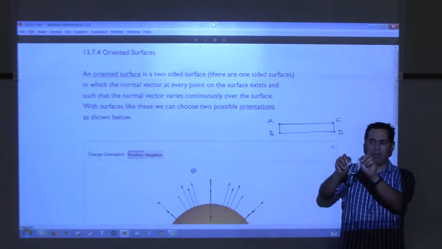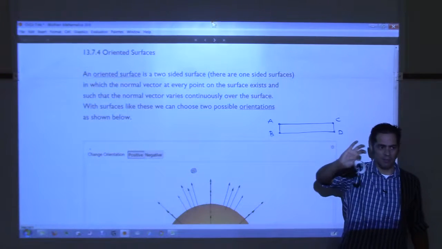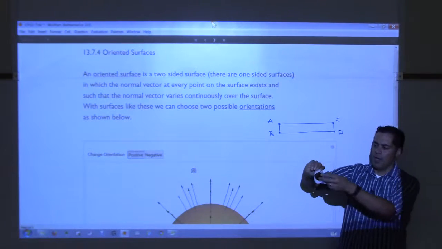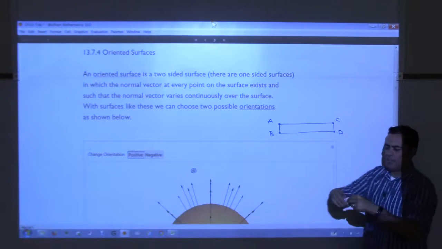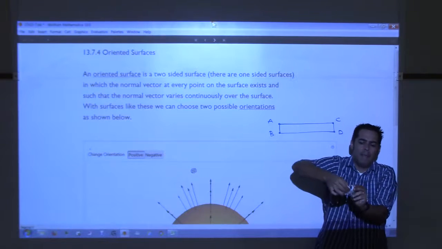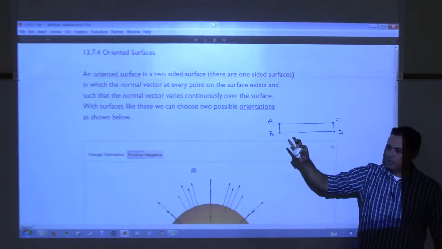I would go like this, right? And this would still be a two-sided surface, right? But if I take A to D and B to C, then I'm twisting it and putting it like this, right? So that right there is your Mobius strip.